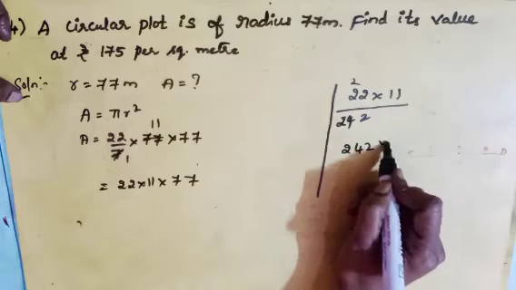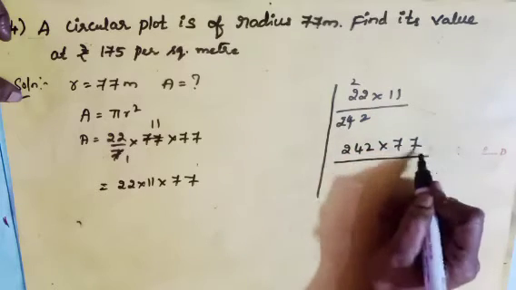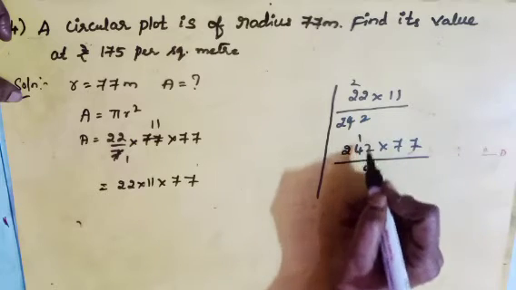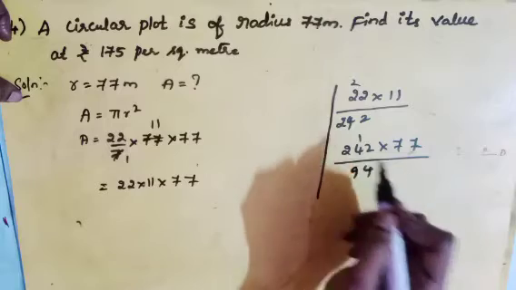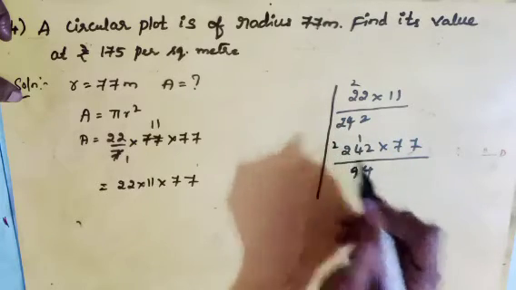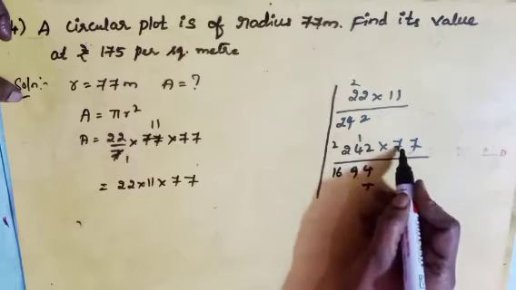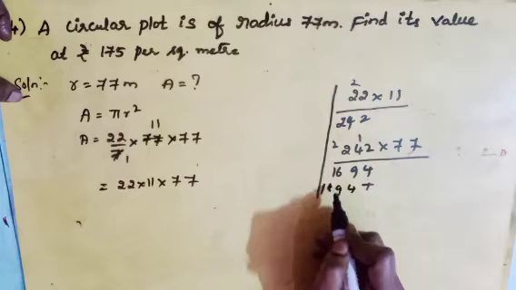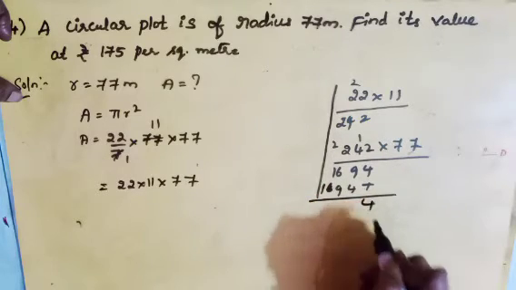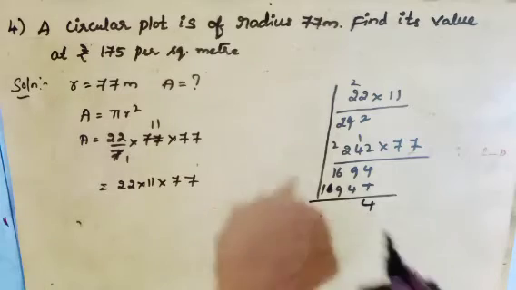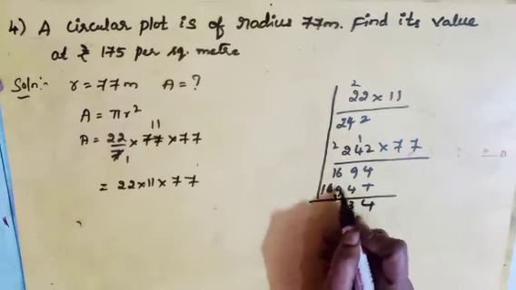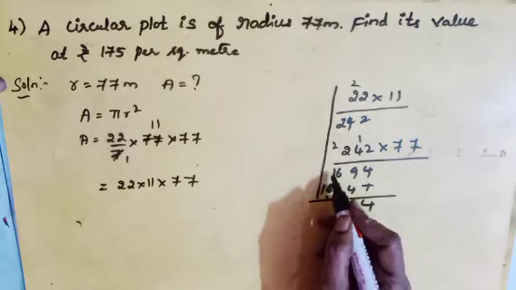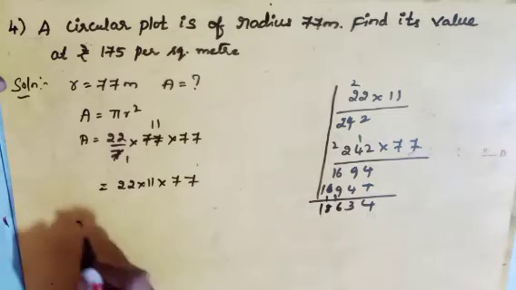242 into 77. Multiplying step by step, we get 18,634. So how much do we get after multiplication?